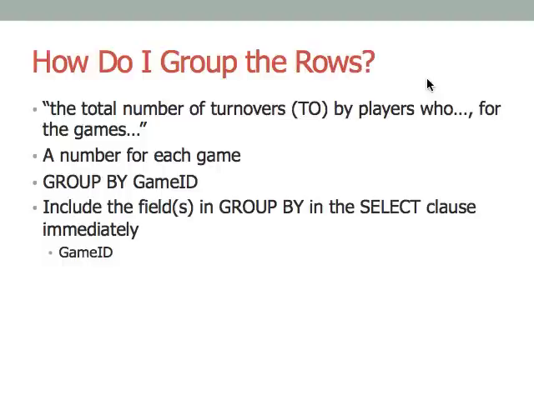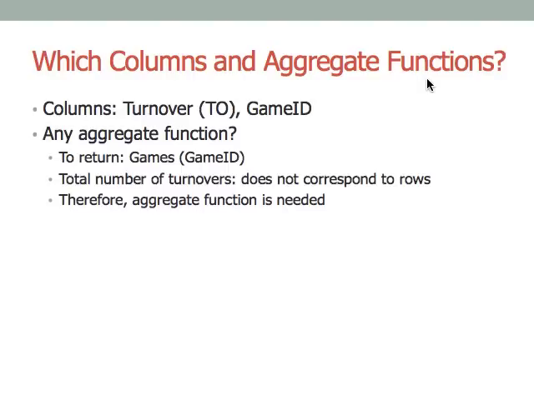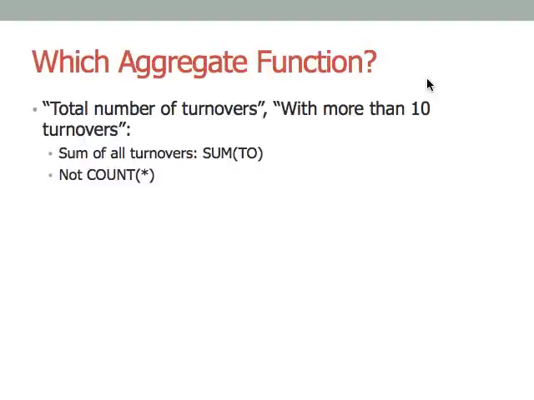So the group by will happen for game ID, and the aggregate function that we use is going to be sum of turnovers and not count, because we need to add the turnovers across all the players for each game, keeping in mind that we have already removed players who played less than 10 minutes.